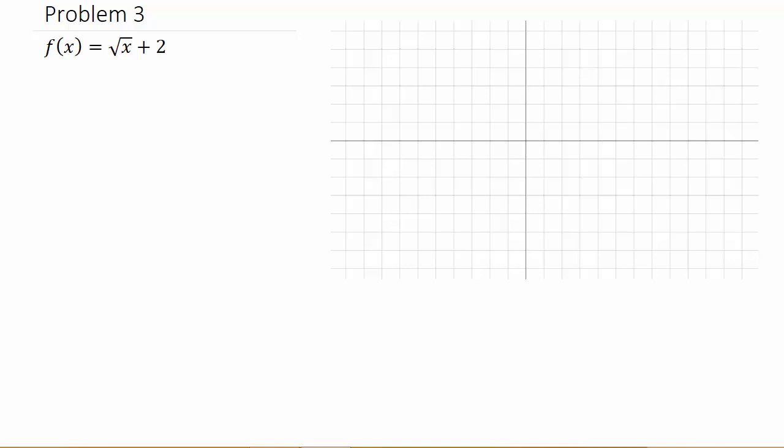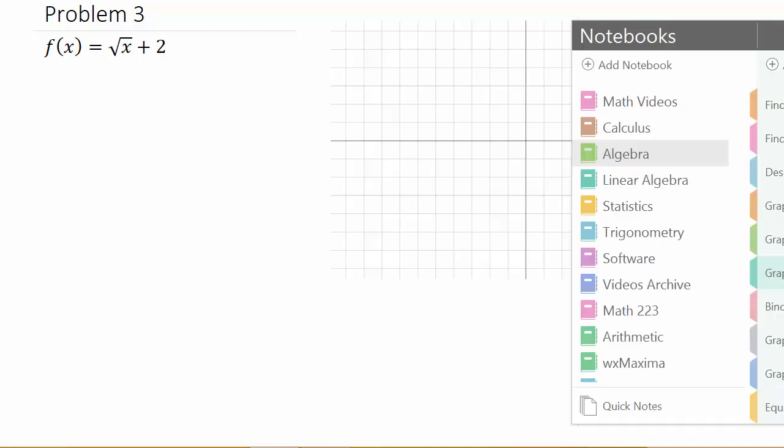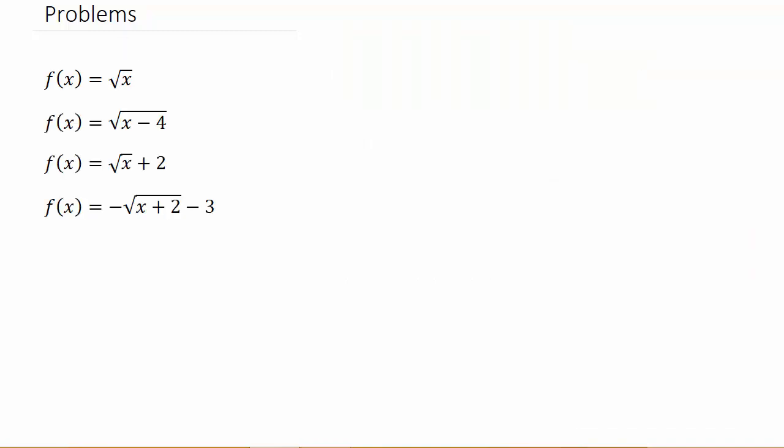Alright, so let's look at the third example on graphing square root functions. I've got about 4 or 5 examples, and I'm doing each example in its own video. Here are all the problems that I'm working.